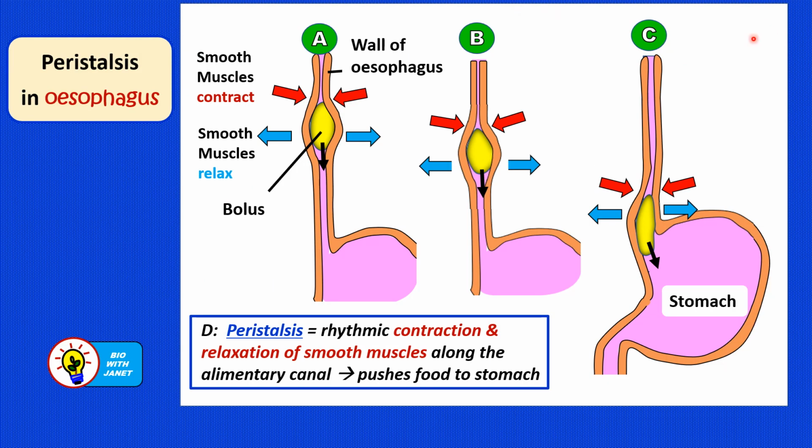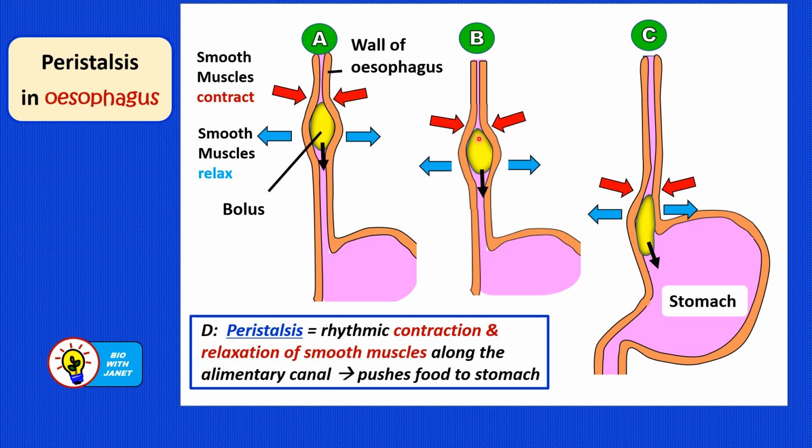Here we have a picture showing peristalsis occurring. Let's say this is the bolus in the esophagus. The smooth muscles above the bolus will contract to push the food downwards, but the smooth muscles where the bolus is will relax so that the food can be moved downwards.